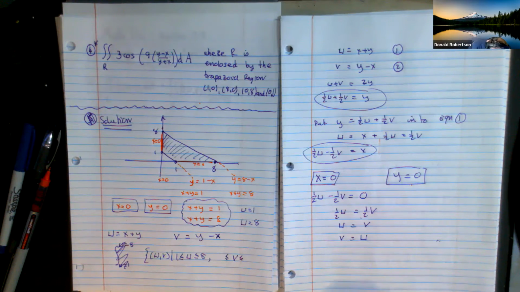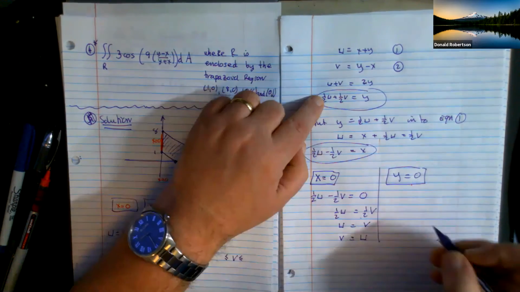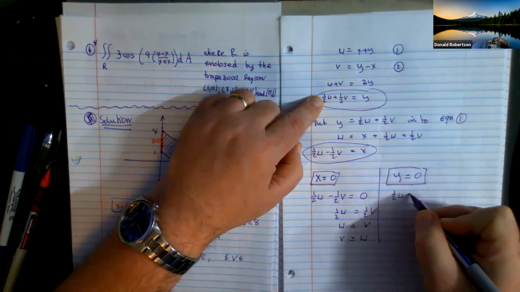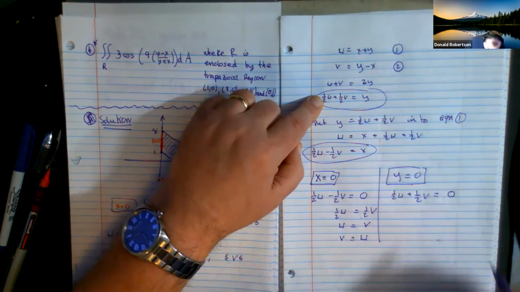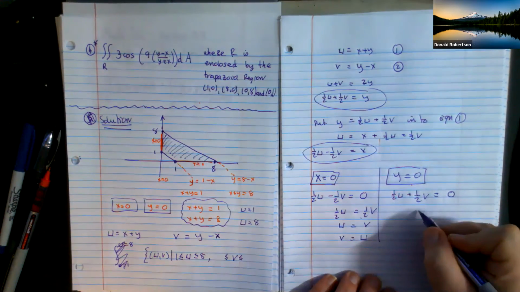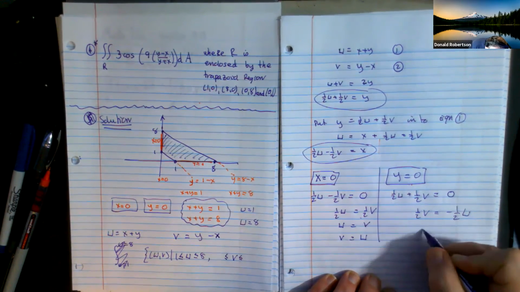Now, how about y equals 0? Well, if I tell you a half U plus a half V is y, and then I tell you at the same time that y is 0, you get that relationship. And you now get this fella.